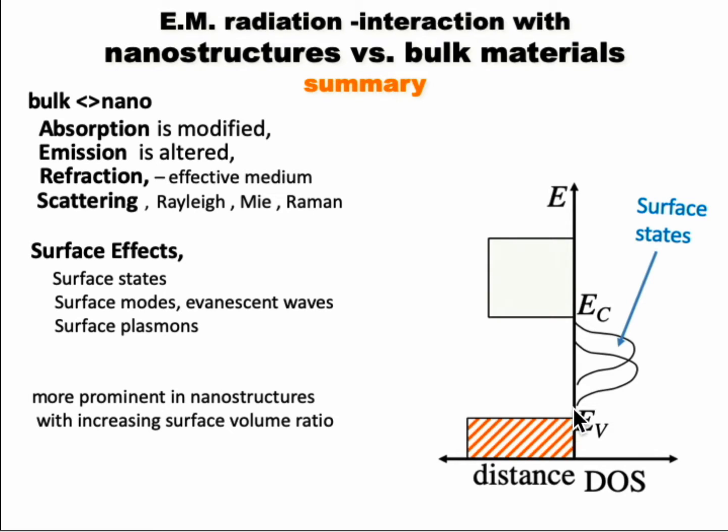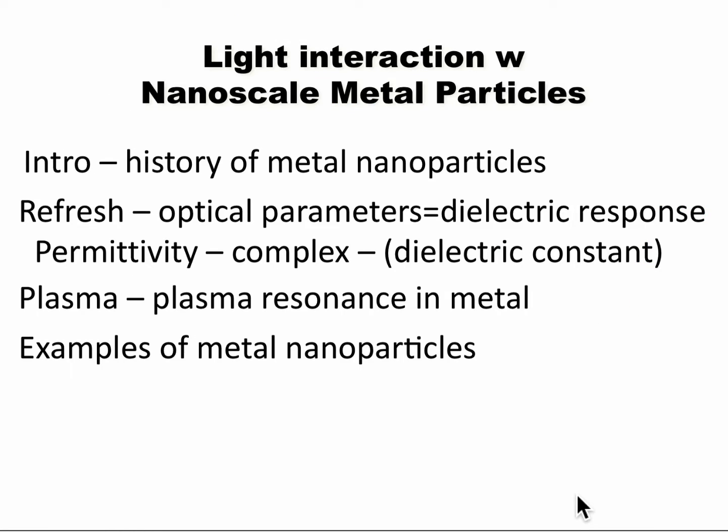At the surface, we terminate the periodicity and we will get localized states there. Then there are also modes of electromagnetic waves that have states that only exist close to the surface or interface. Then we will also consider later surface plasmons.